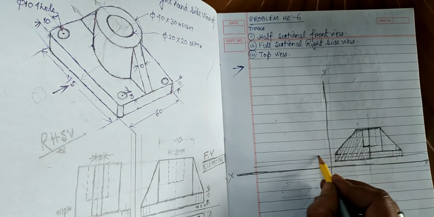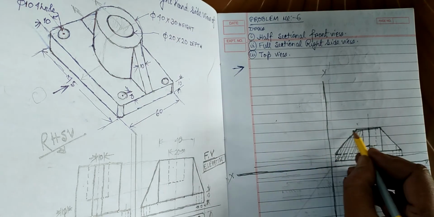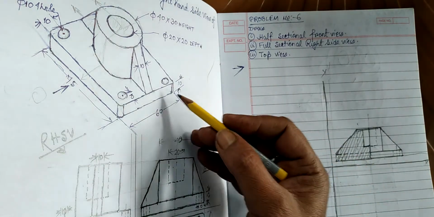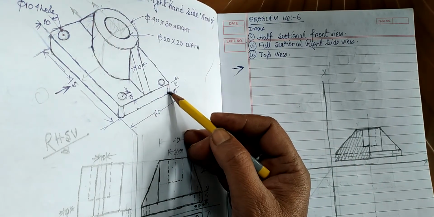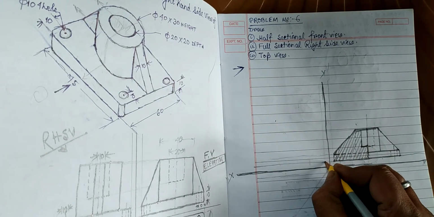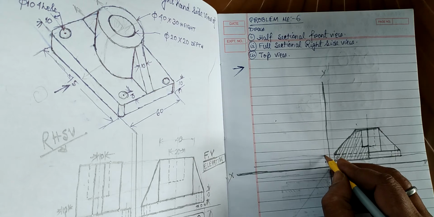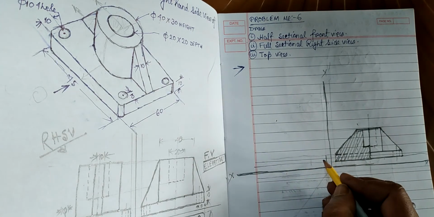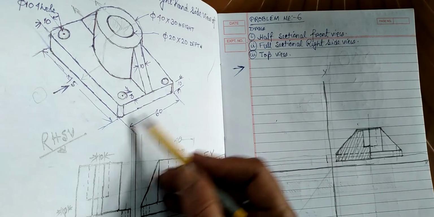draw the projection line from here, and we put this corner here, this corner here, and draw the thickness. And what should be the width? That is 60.